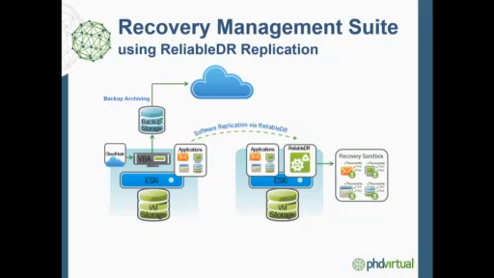As you can see on the left side of the screen, we have the PhD backup appliance that is providing protection for the local restore, from a machine all the way down to an Exchange item.